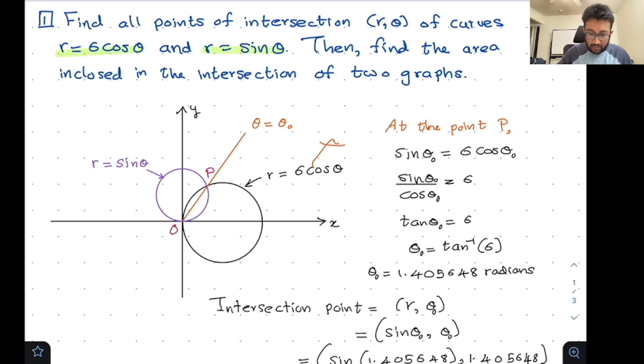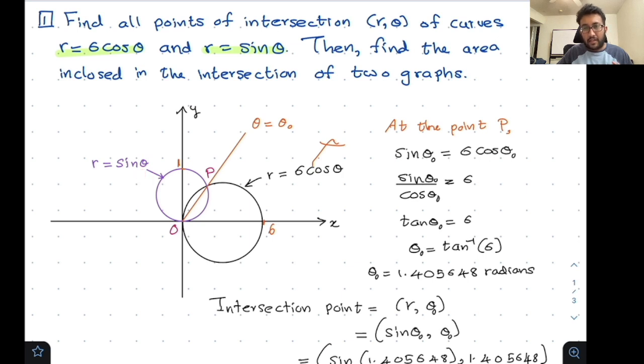And what can you say about the coordinate of this point? It is going to be 6, right? And if you consider r equals sine theta, this is the shape of r equals sine theta. So the y coordinate of this point is going to be 1, right? Because when theta equals pi divided by 2, sine pi divided by 2 is equal to 1.